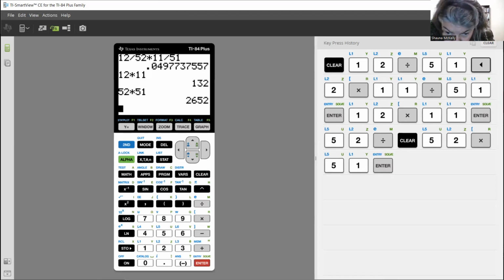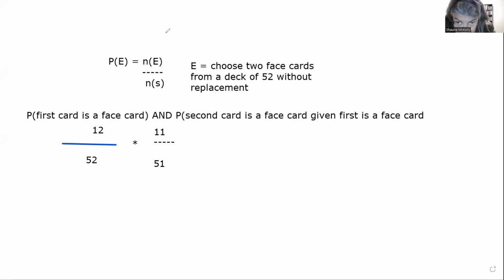If I wrote out all four forms, I'd have 132 out of 2652, which is my original.